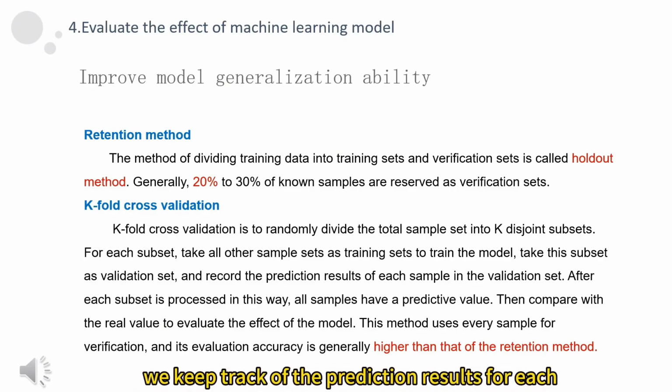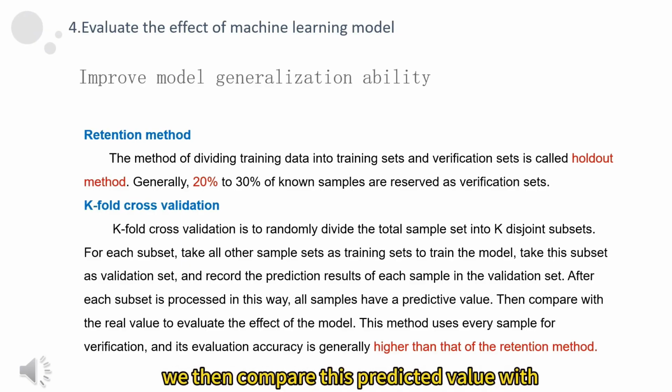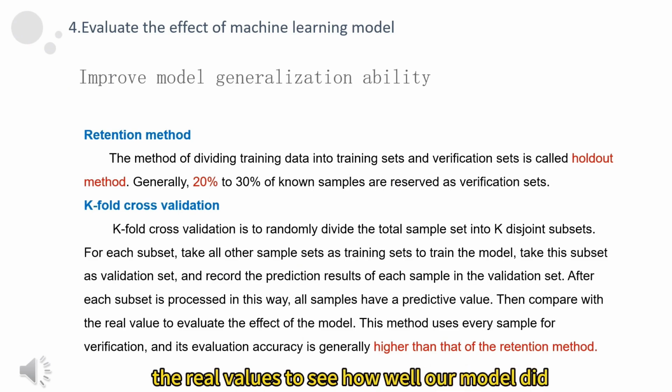We keep track of the prediction results for each sample in the validation sets. Once we've done this for each subset, every sample has a predicted value. We then compare this predicted value with the real values to see how well our model did.